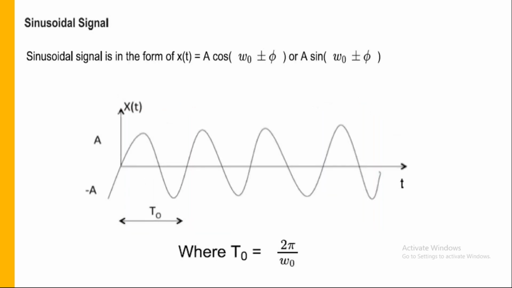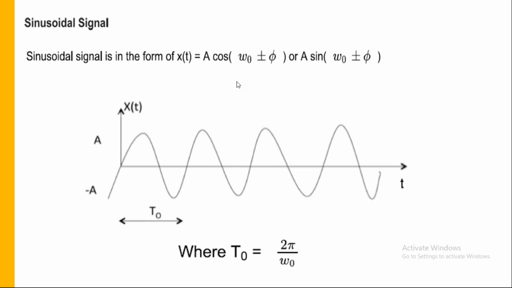Then coming to the next signal, which you already know. This is the most widely used signal. This signal is known as the sinusoidal signal, and you can represent it with two important parameters. That is represented by a mathematical equation: x of t equal to a cos of omega naught t plus phi, or a sine of omega naught t plus phi.